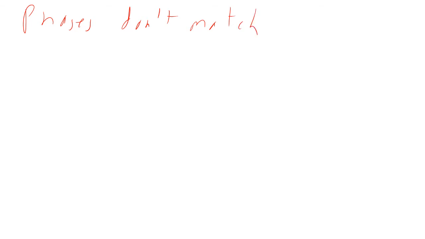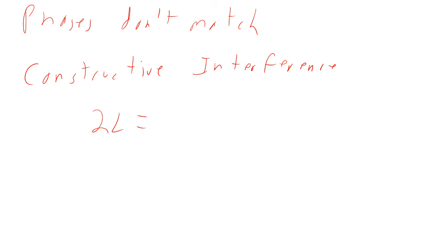Now, as we said when we derived our expressions for thin films, if the phases don't match, we get constructive interference if 2L equals (m plus 1/2) lambda naught over n.